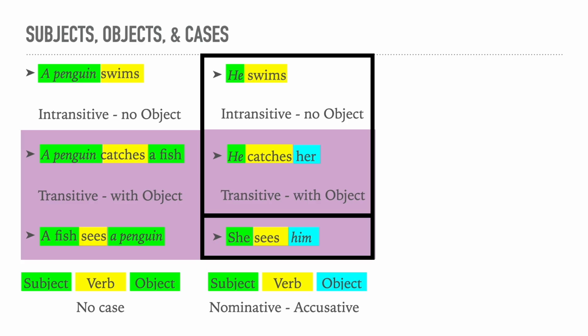He catches him or she catches her. We know that if it's the object there, her is always going to be the case, as is him, but if they're the subject, he and she, etc. So we have nominative for the one doing it, and accusative for the one who's receiving that activity somehow.